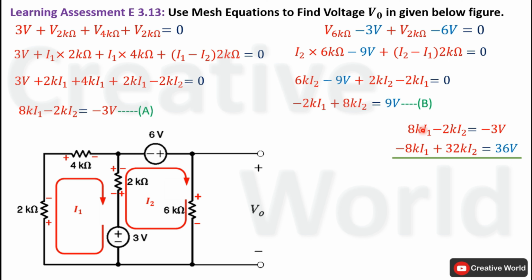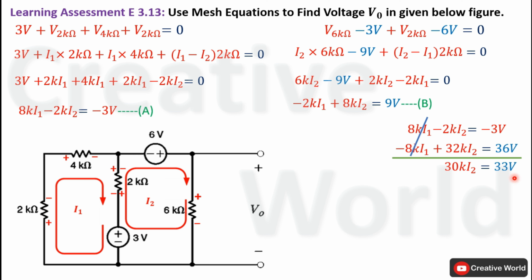Subtract 2k I2 from 32k I2, it will become 30k I2. Similarly, minus 3 volt plus 36 volt will become plus 33 volt. Now in order to calculate the value of current I2, divide on both sides with 30k. So the value of current I2 will become 1.1 milliampere.